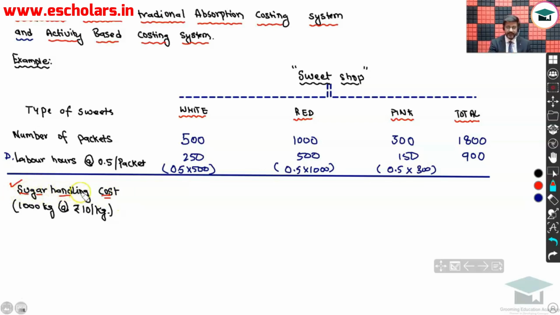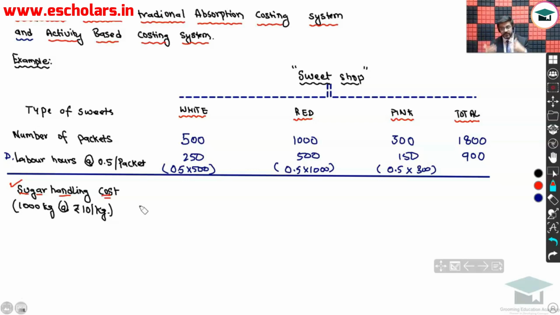Sugar handling cost. Do you think in a sweet shop, in order to handle the sugar, you have to incur some cost? Yes sir. They need sugar not in grams but in kilograms. They need an abundance of sugar. So obviously they must be giving orders to their suppliers to deliver sugar.